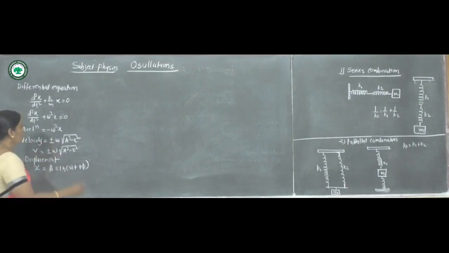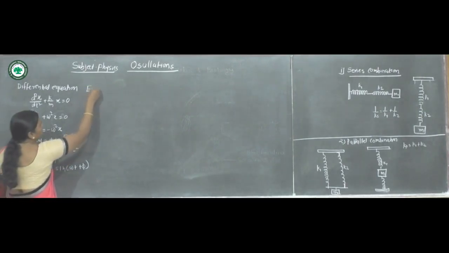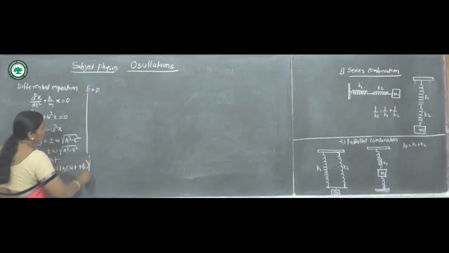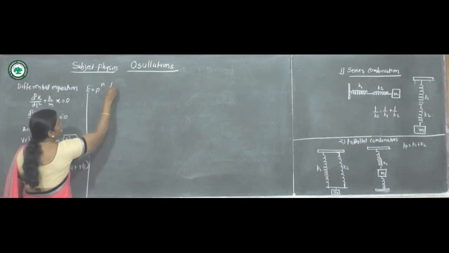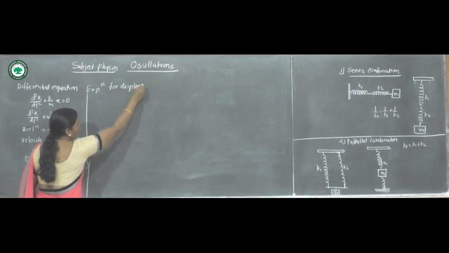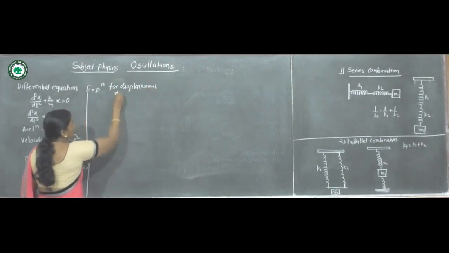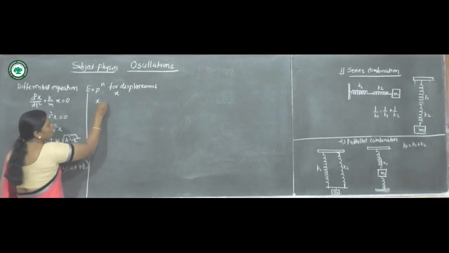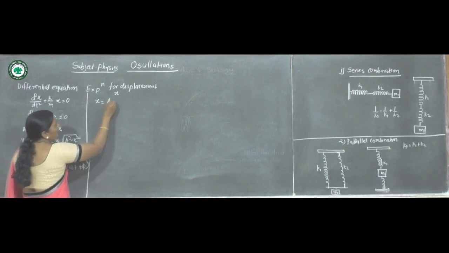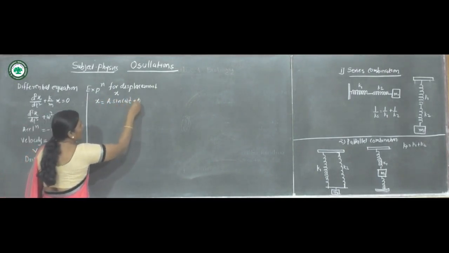In this case, consider the first expression for displacement, that is x is equal to a sin omega t plus phi.